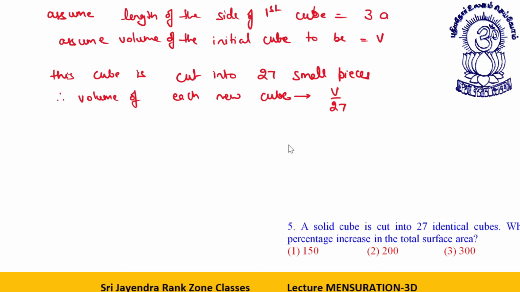Now, what is the formula? I need to find the surface area of all the smaller cubes. For that, I need the side of the smaller cube.